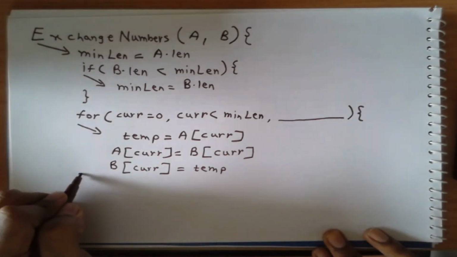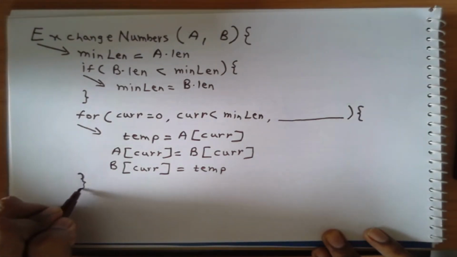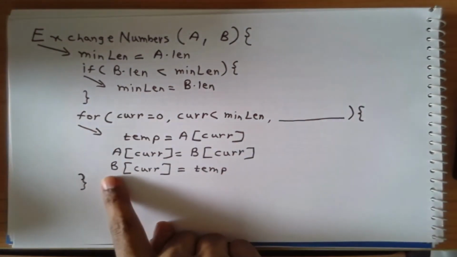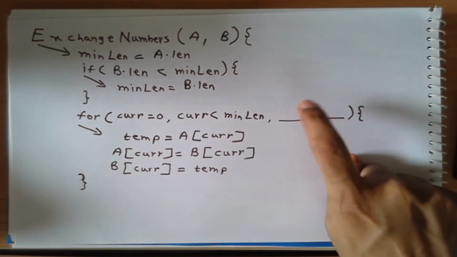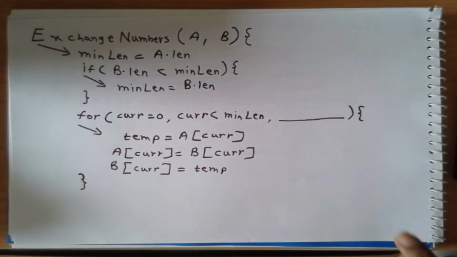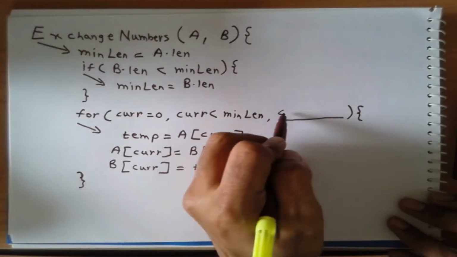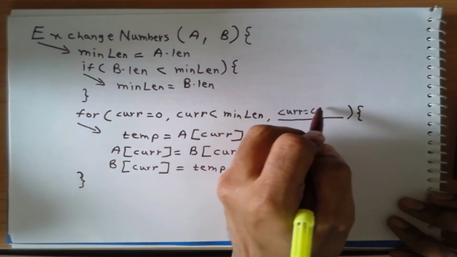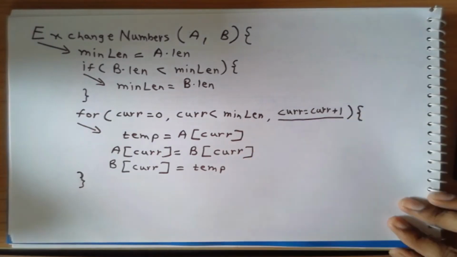So I will finish my block here with closing curly braces. But once I finish executing the block, I have to do a certain bookkeeping operation, and that is that I should move to the next element in both A and B. So I should say that current should be equal to current plus 1.